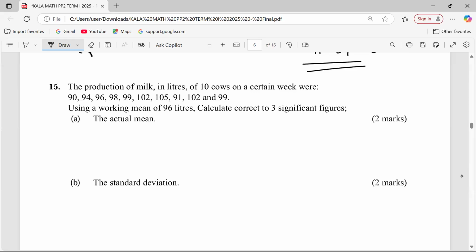So we can first get what we call variation of all the values from the mean, t, which is every value minus assumed mean. So what are 90 minus 96?